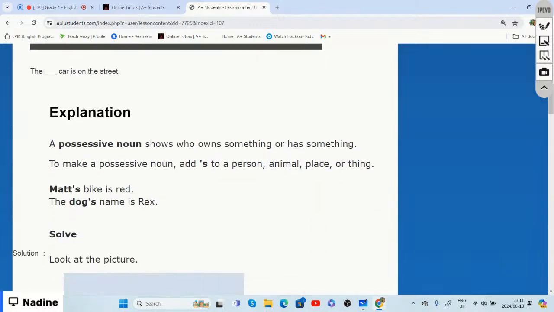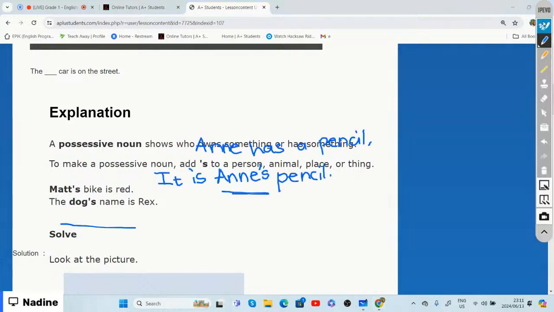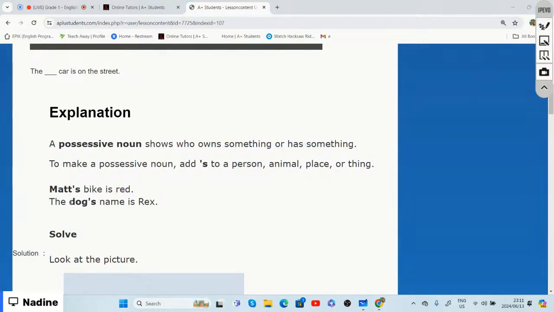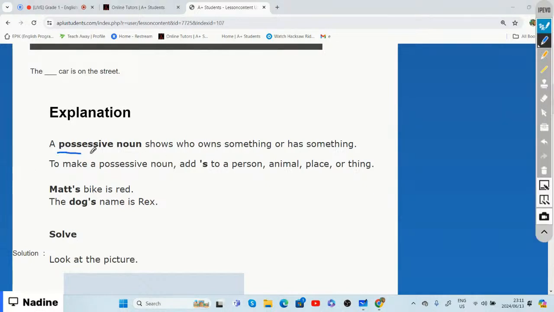All right, and if we look at an example, it says once again that a possessive noun shows who owns something or who has something. In order for us to make a possessive noun, we need to add the apostrophe and an S to either a person, an animal, a place, or even a thing.